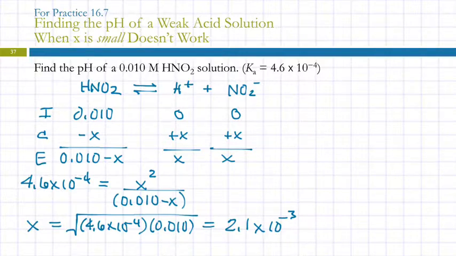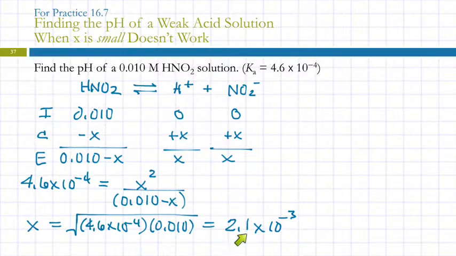So the check is we take this number, divide by what we're subtracting it from, multiply by 100, 21%. That's much higher than 5%.